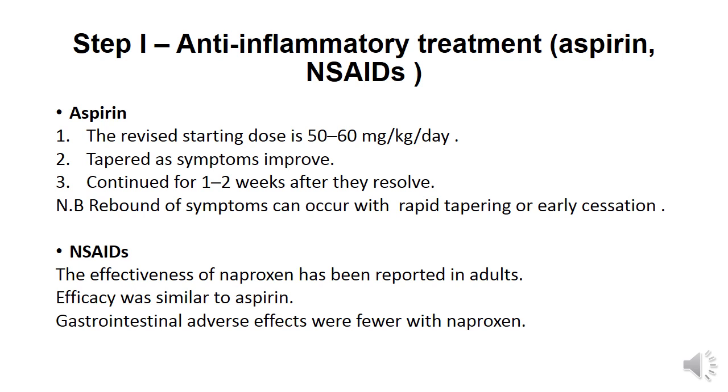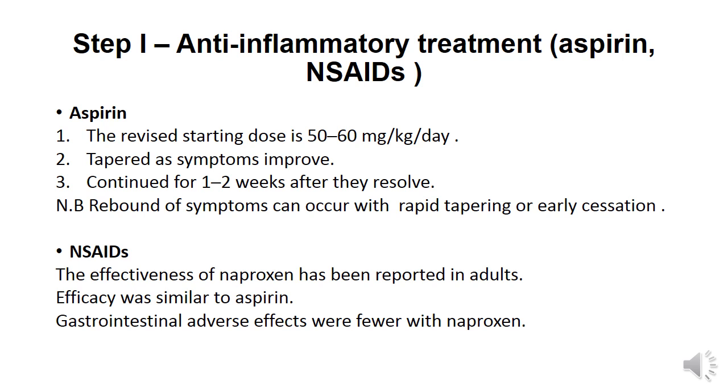Aspirin, regarding the revised starting dose, is 50 to 60 milligrams per kg per day, and it should be tapered as symptoms improve, continued for 1 to 2 weeks after the symptoms resolve completely. One should take into consideration that there will be rebound symptoms with rapid tapering or early cessation.